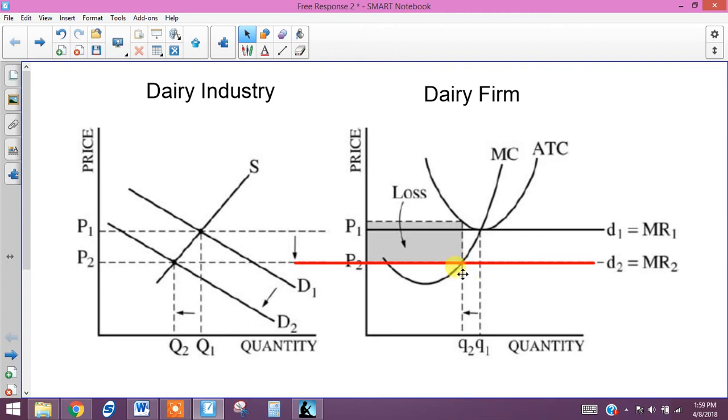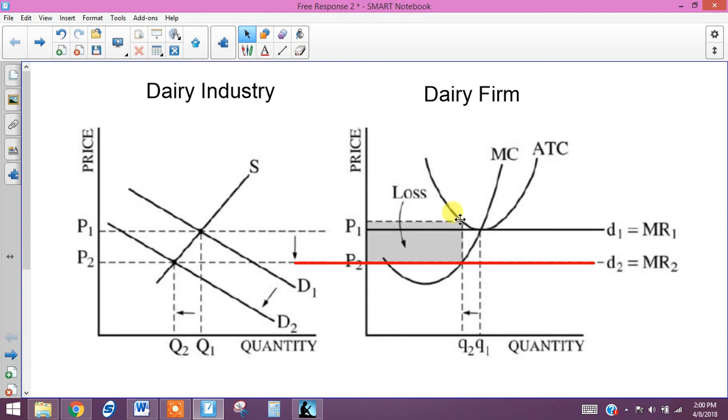So they're going to drop their production from Q1 to Q2, and now you can see that their price is well below their average total cost at that point. So now marginal cost is here, average total cost is way up here.